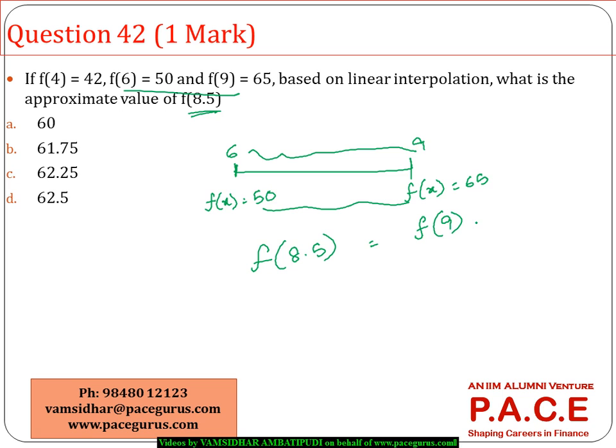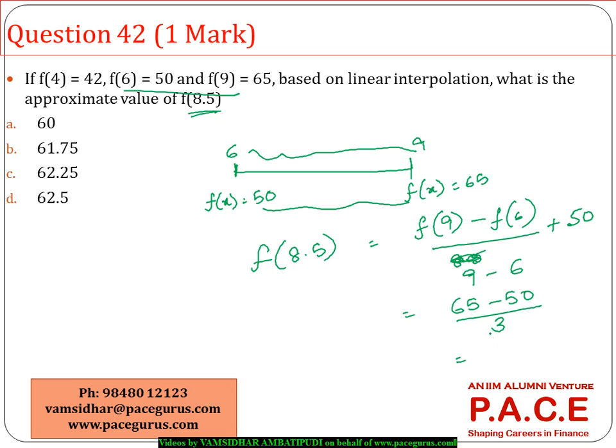So as per a simple formula, if I have to find f of 8.5, I can say it as f of 9 minus f of 6 divided by the total distance 9 minus 6, and plus 50. So f of 9, 65 minus 50, by 3. What is 15 by 3?